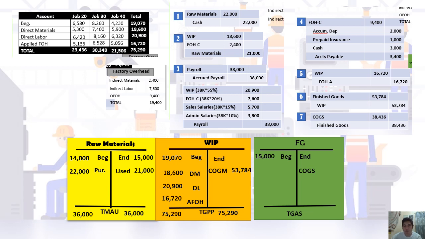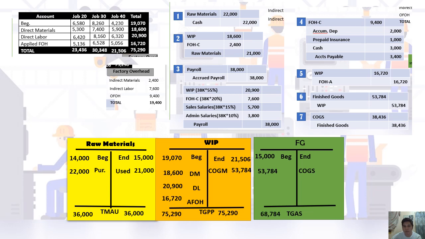So, 75,290 total goods placed in process minus cost of goods manufactured, lalabas yung result natin na ending balance, which is 21,506. Yung 21,506, it represents yung job 40 na naiwan dun sa ating work in process kasi nga, hindi pa daw siya tapos. So, yung cost of goods manufactured, dito transfer natin sa finished goods, 53,784.